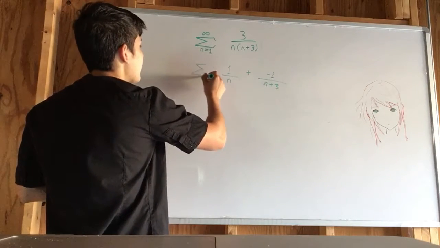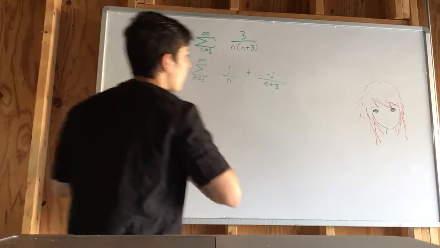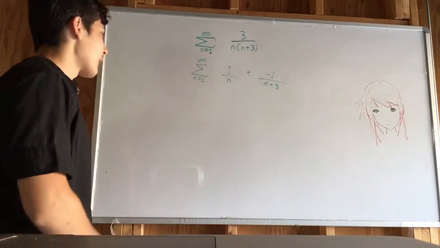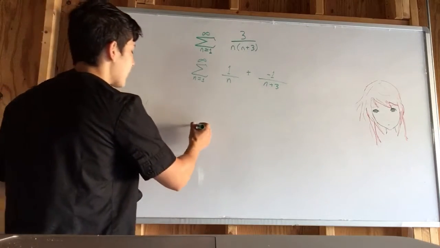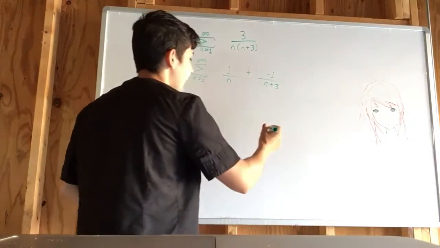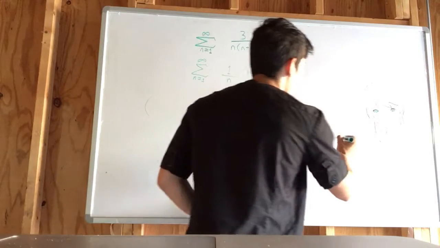So now that we have this thing split, we can actually start plugging in values. And that was our goal, to split it and plug in values. So with the series, obviously we're adding. We have all these terms at different indices, but they're all just addition.